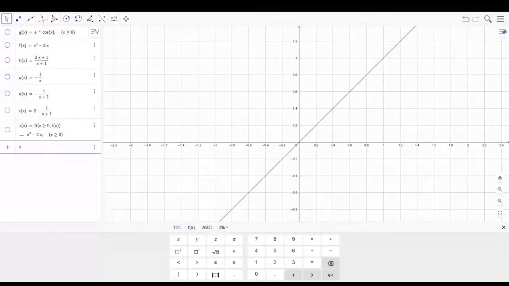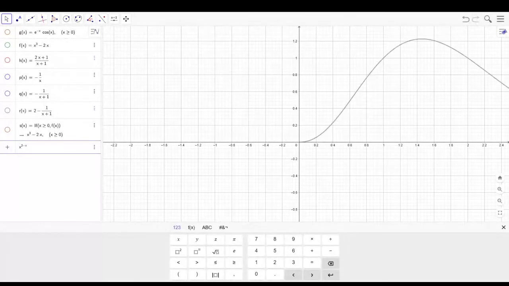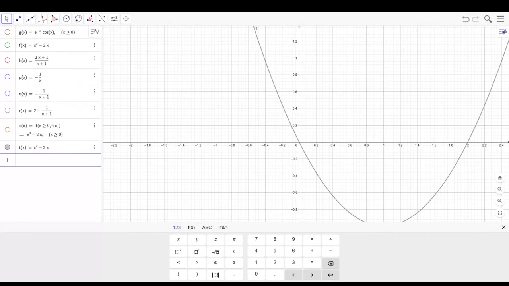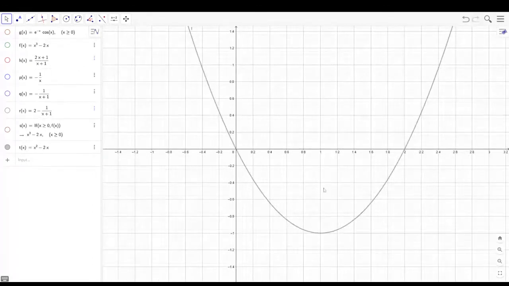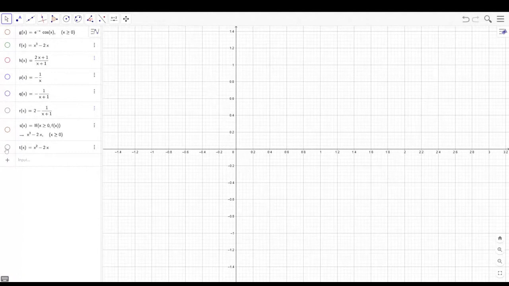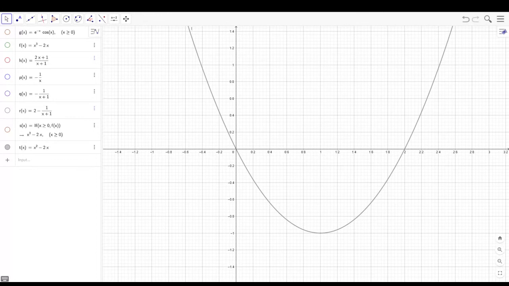So who can tell me on this chat, is this an odd function, an even function, or neither? Who can tell me? Is this an odd function, an even function, or neither? All right. It's neither. There's no symmetry. You're absolutely correct.